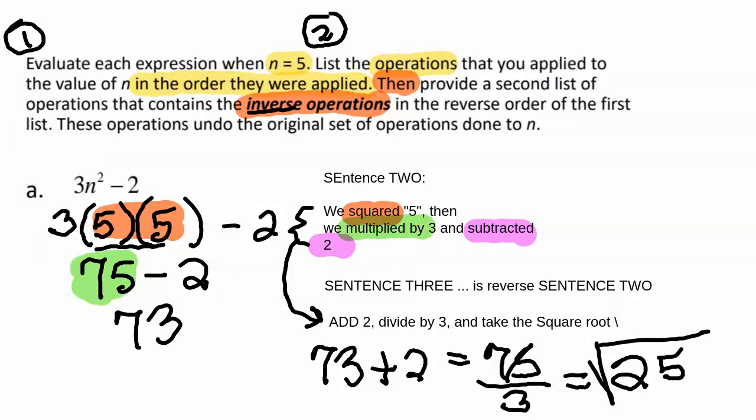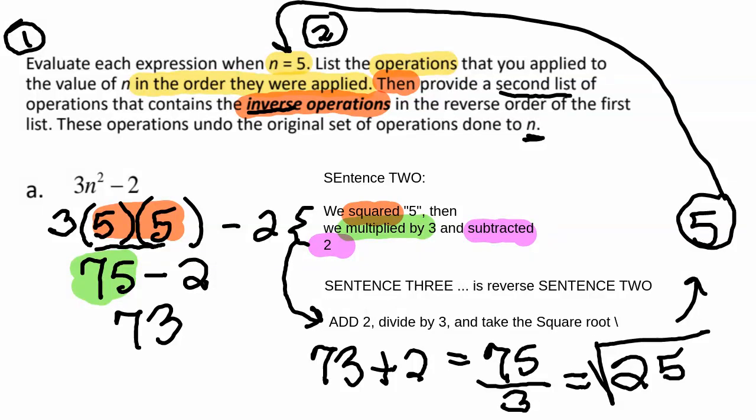Okay. So this is what they're asking you to do. You take the answer in the inverse, then provide a second list that contains the inverse operations in the reverse order of the first. And notice, what does the root of 25 equal? 5. The number they gave us in sentence 1. I'm using the reverse.